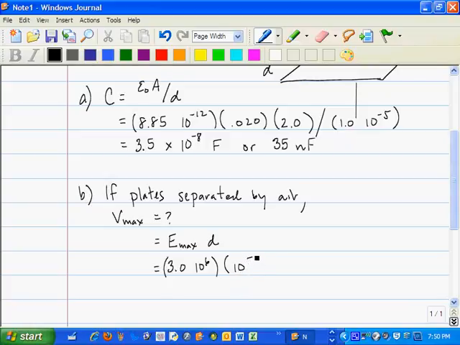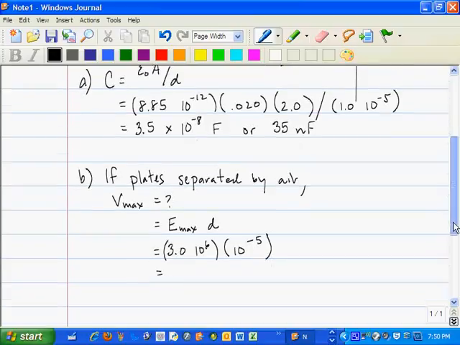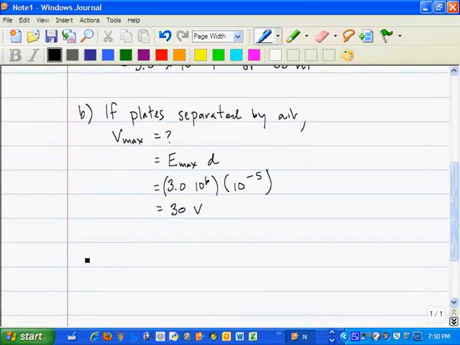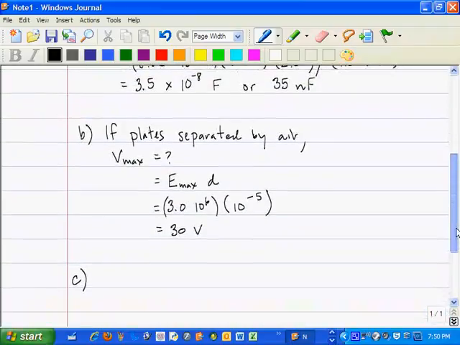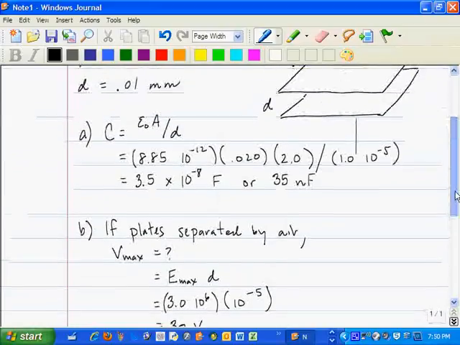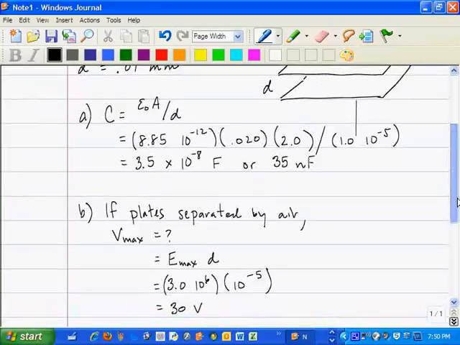So we can see that the maximum operating voltage would be, in this case, about 30 volts. So the maximum voltage we can put across this capacitor and still have it be a capacitor is 30 volts. We know what the capacitance is. It's 3.5 times 10 to the minus 8th farads.